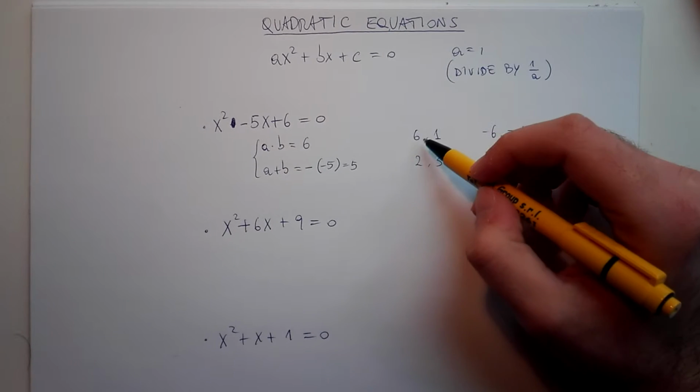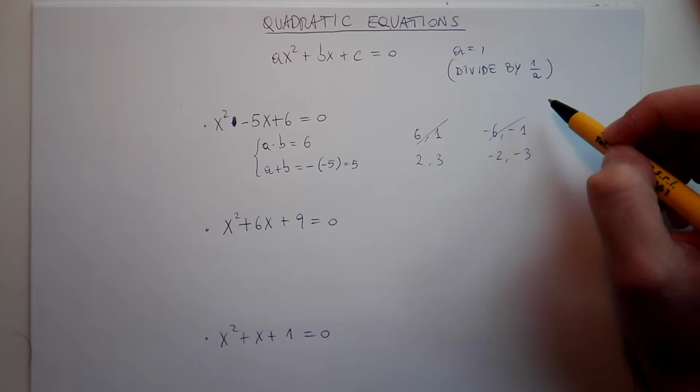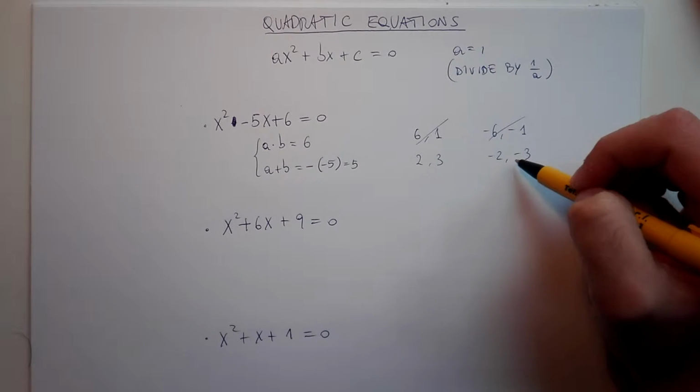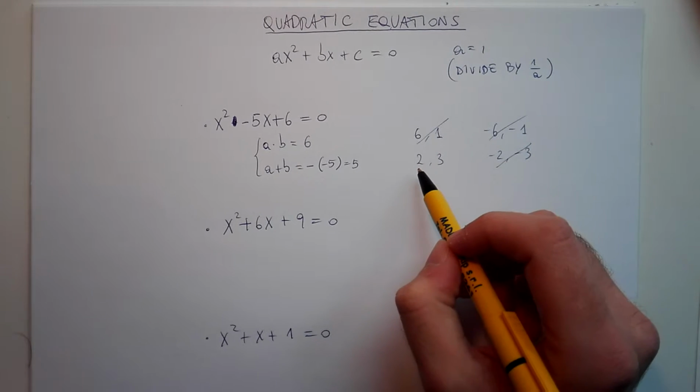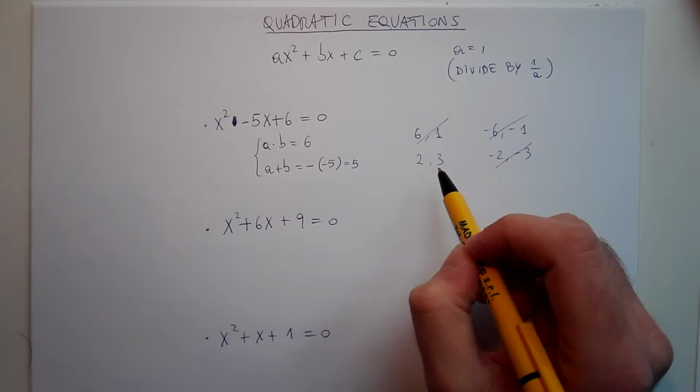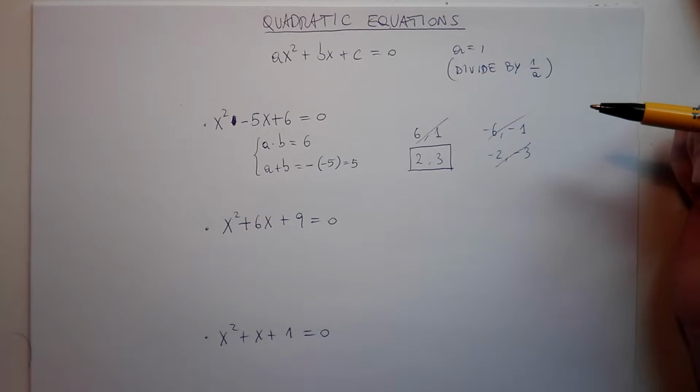So 6 plus 1 is 7, so no. Minus 6 minus 1 is minus 7, so no. Minus 2 minus 3 is minus 5, so almost there. But 2 plus 3 is 5, so actually we found two numbers whose product is 6 and whose sum is 5.